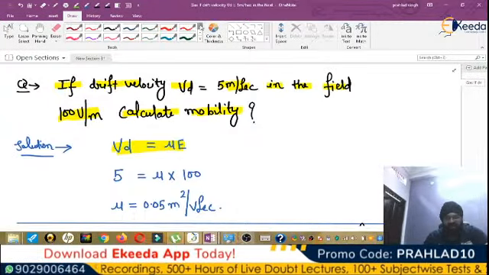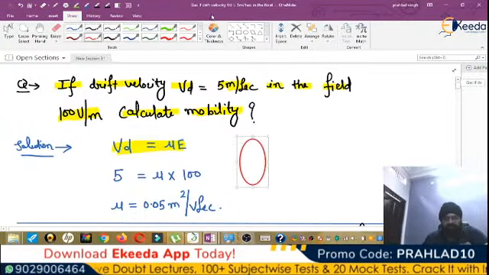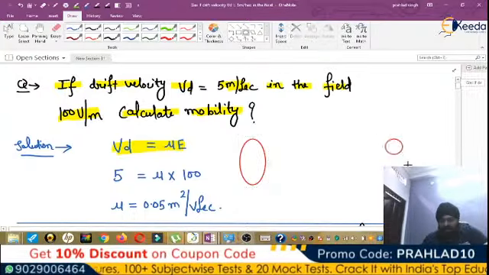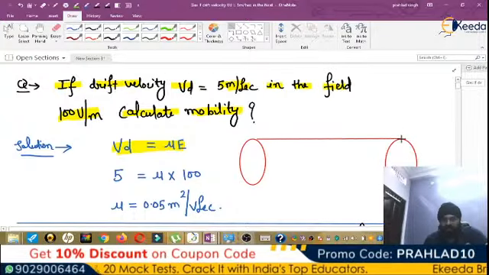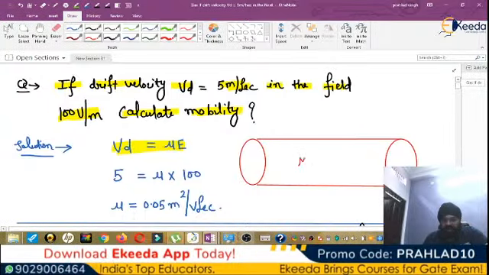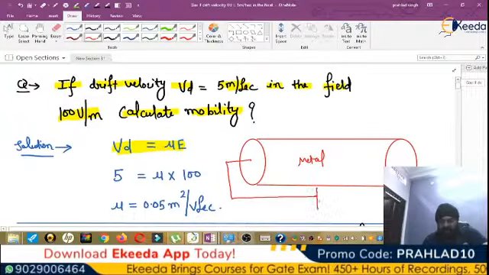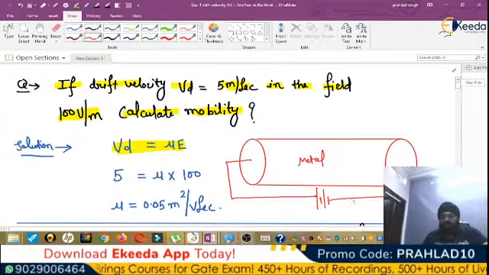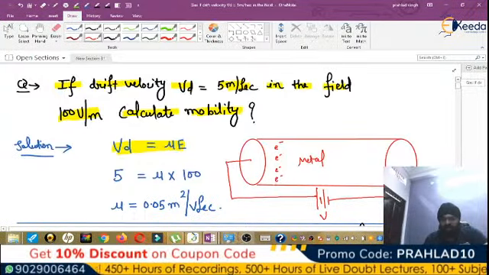Basically, what is drift velocity? When we apply an electric field in a conductor, suppose this is a metal, or we can say it is a conductor, and we apply the voltage across this metal, then the electrons in the metal start moving.